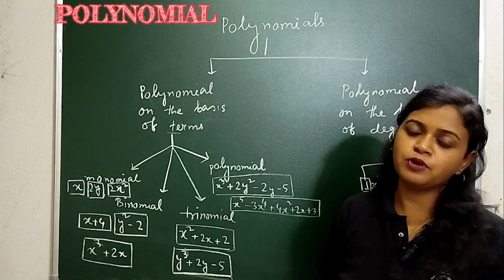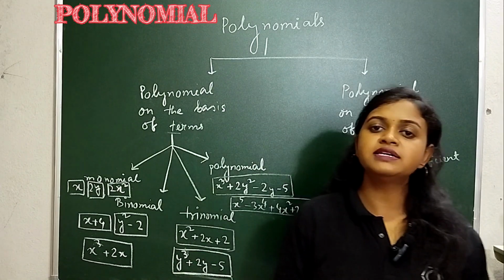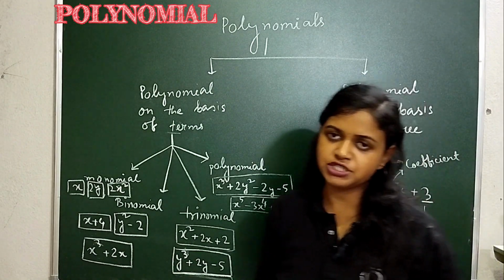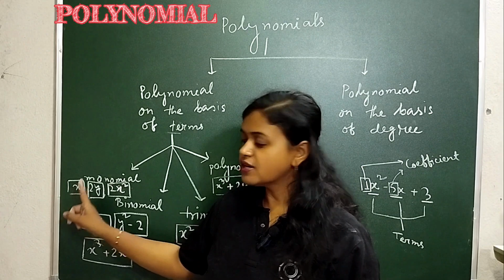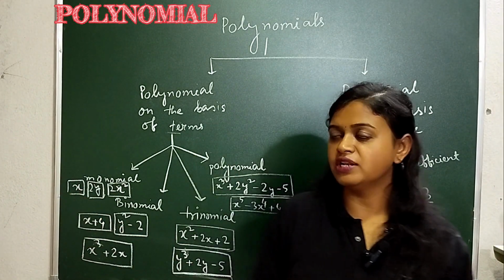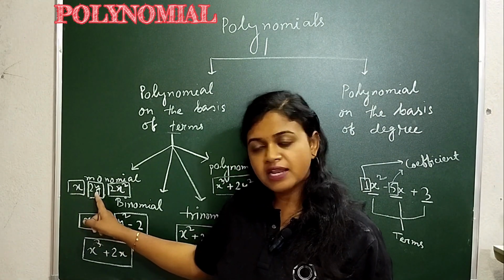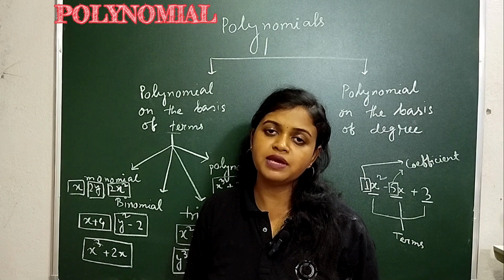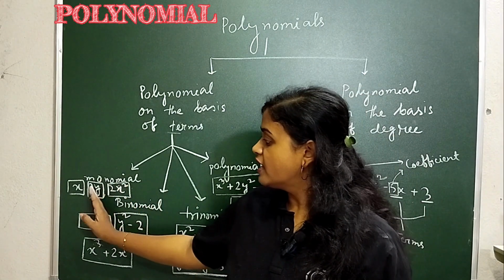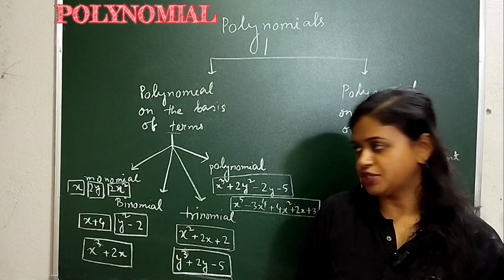A polynomial is a monomial when there is only one term in the algebraic expression, like x. x is an algebraic expression but it consists of one term only. So x is a monomial. 2y is a monomial. 2x square is a monomial because each is individually one term.